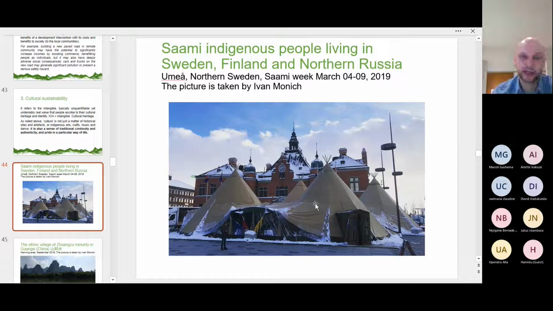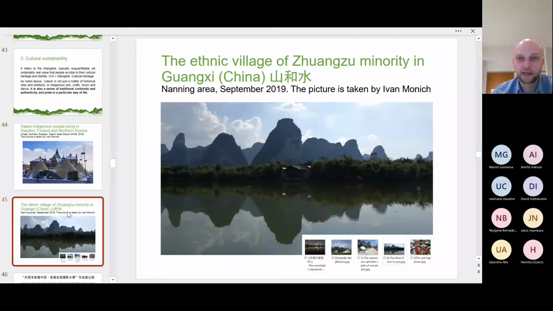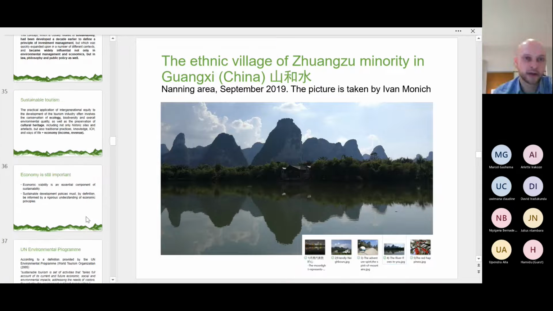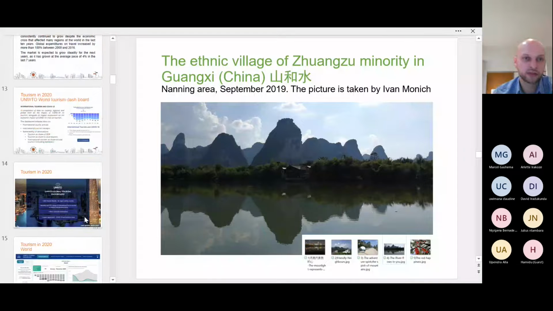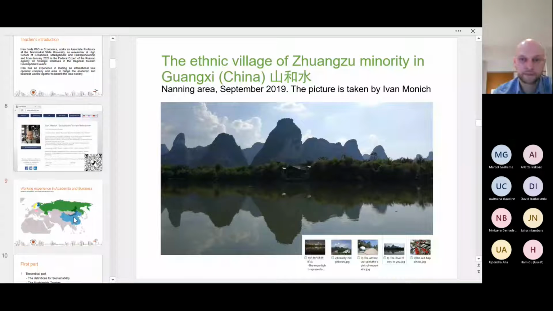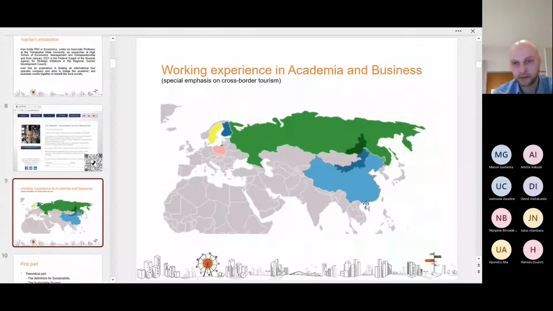Another example from Asia, the ethnic village of the Zhuang minority in Guangxi. As you remember, I mentioned that Guangxi is located in close proximity to Vietnam. Vietnam is this one, so it is Nanning, and Guangxi province is here.